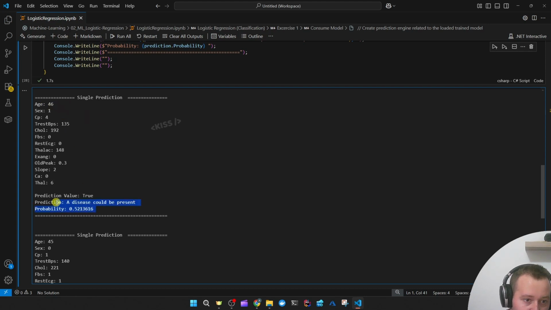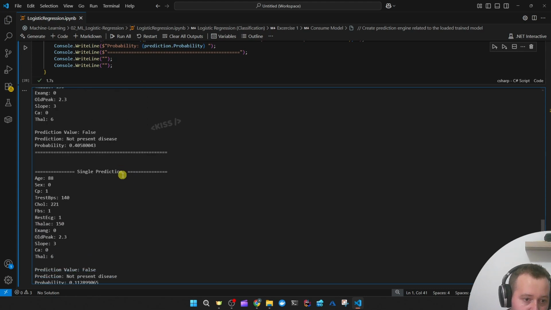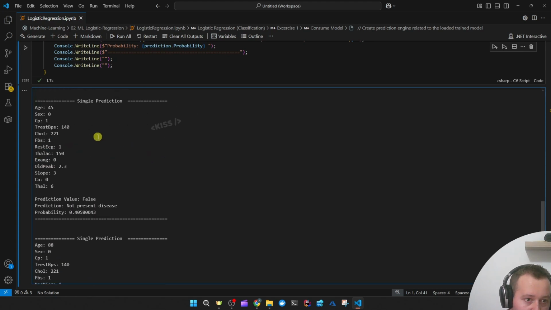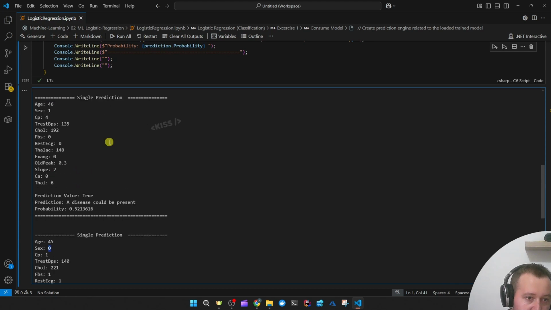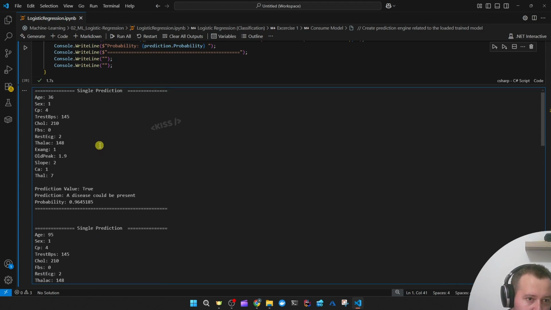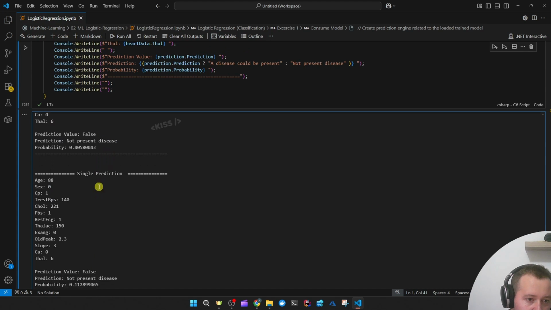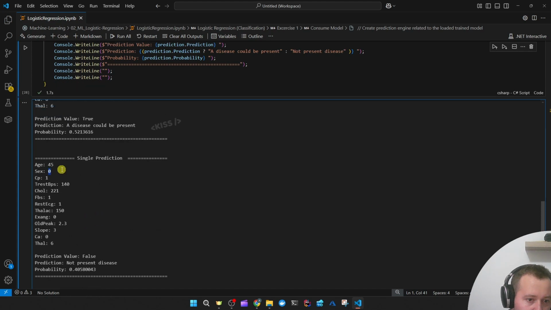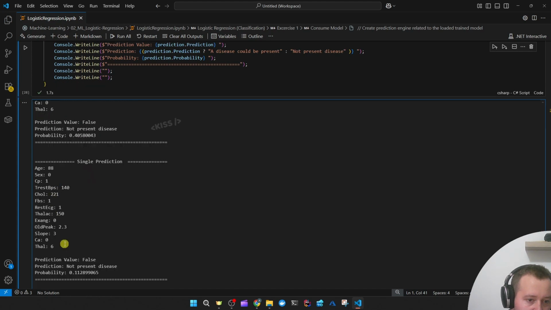46. This one has like a 50% chance, which is then likely not. This is different sex. 45. This is different sex and also unlikely.